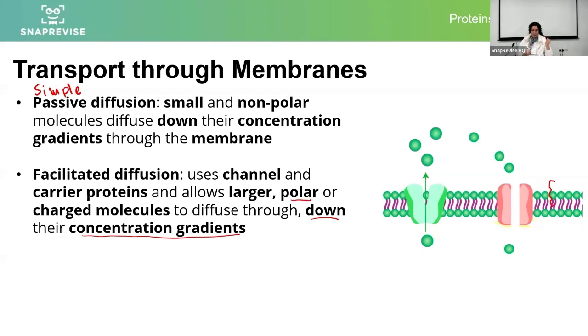Crucially, it also allows polar or charged molecules, such as sodium or potassium ions. For those of you that have already done the year 13 content, you'll know that this is really used in neuronal communication, nerve impulses.